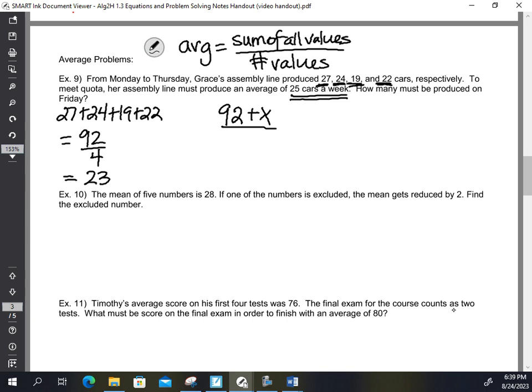Now that we're adding another day, that's 5 days, not 4. She needs 25 cars per week. So here's the equation she's going to have to solve.